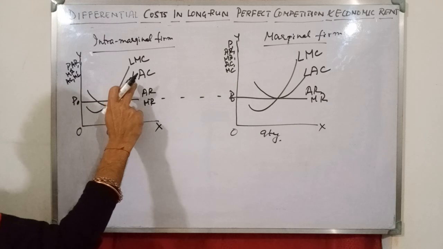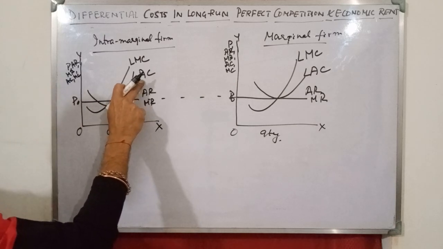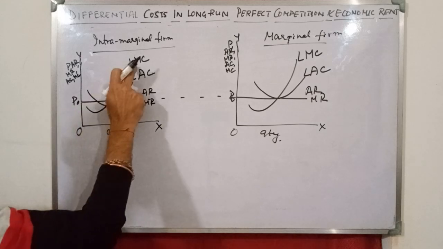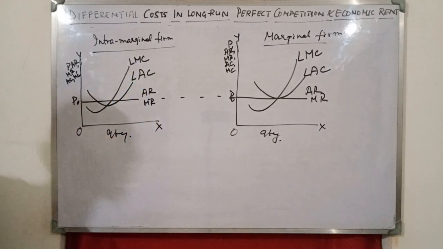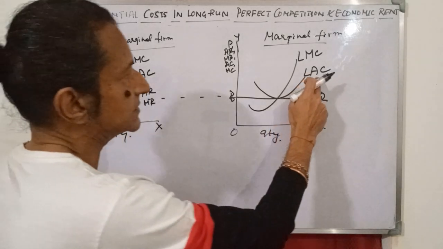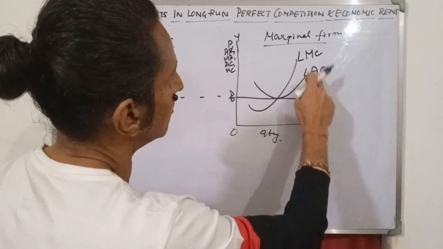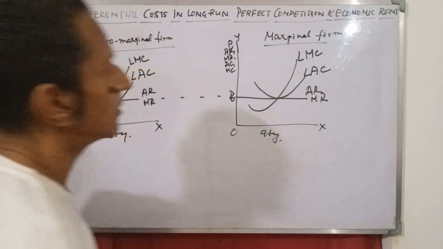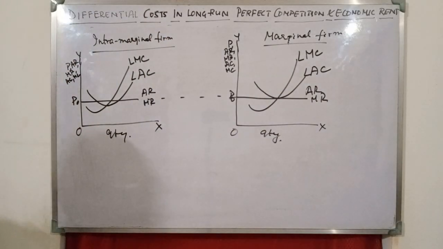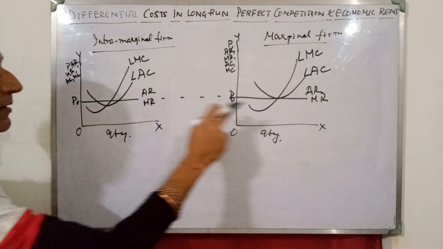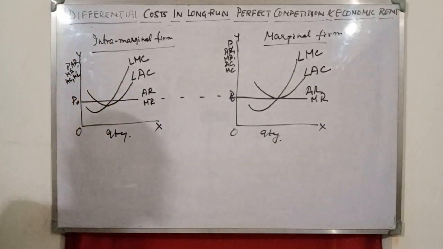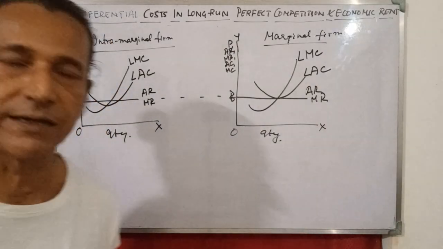So this is LAC, long run average cost curve of the intra-marginal firm. This is LMC, long run marginal cost curve of the intra-marginal firm. This is LAC, long run average cost curve of the marginal firm. And this is LMC, long run marginal cost curve of the marginal firm. And AR and MR are the same for both the firms because they cannot change the price. Price is determined in the industry.